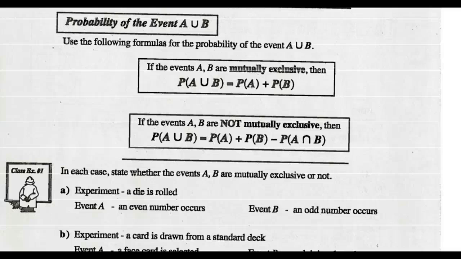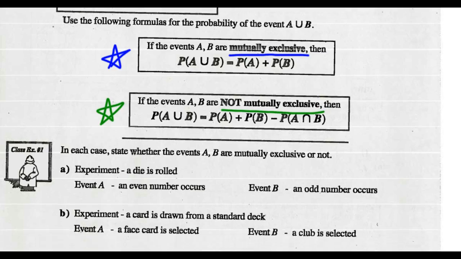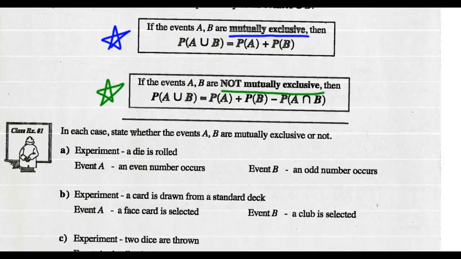If the events are mutually exclusive, we're going to use this formula. If the events are not mutually exclusive, we're going to use this formula. Both these formulas are on your formula sheet, and they'll be given to you on the diploma. So the big difference to know is which one's mutually exclusive and which one's not.